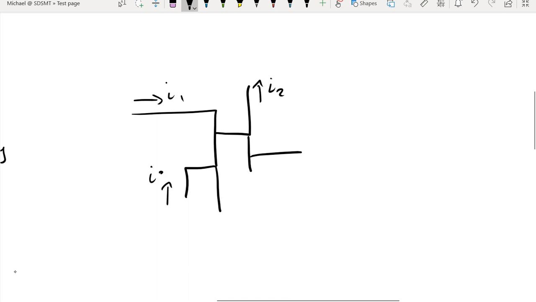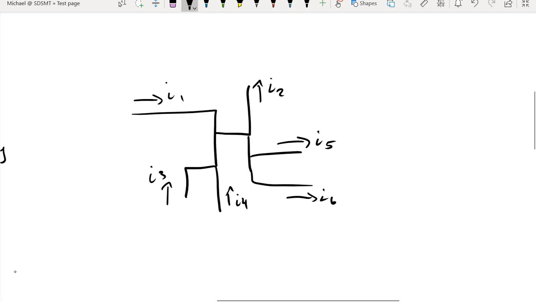We'll say I3, I4, I5, I6. Okay, well, this is quite a bit more complex. So how are we supposed to put together an equation for this?